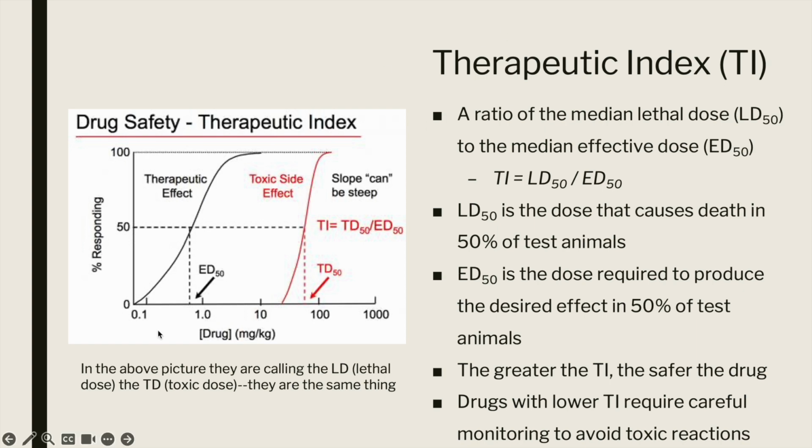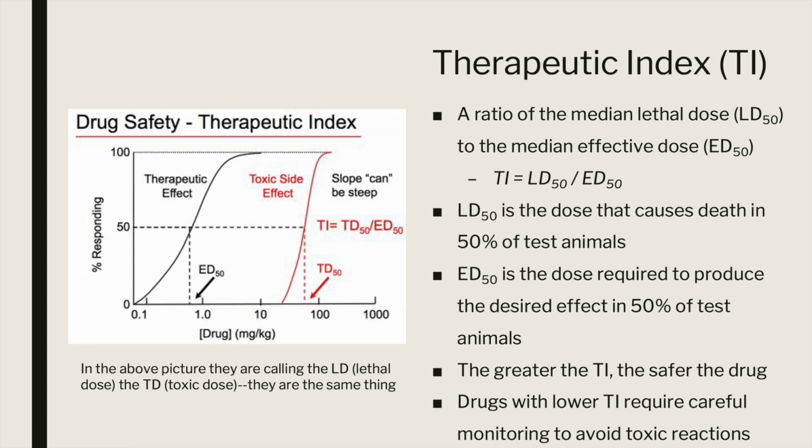When we look at these two things on a graph, here you can see the therapeutic effect. Then when we keep increasing the dose, we can eventually get to the toxic or lethal dose. On this graph they're calling it the toxic dose, but the toxic and lethal dose are the same thing. So we increase the dose, we go from therapeutic to lethal or toxic. The greater the therapeutic index, so the greater the distance between these two curves, the safer the drug is.